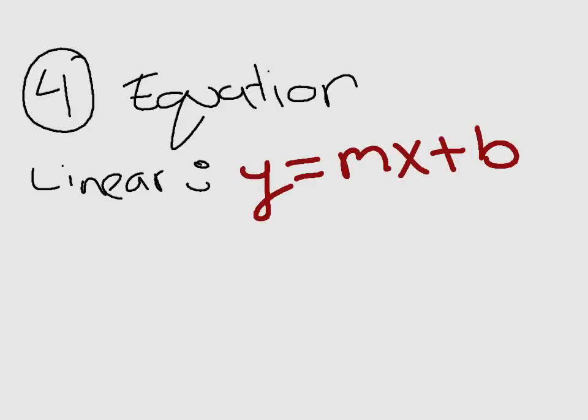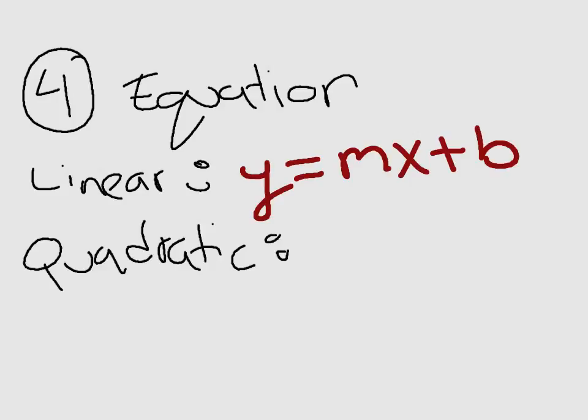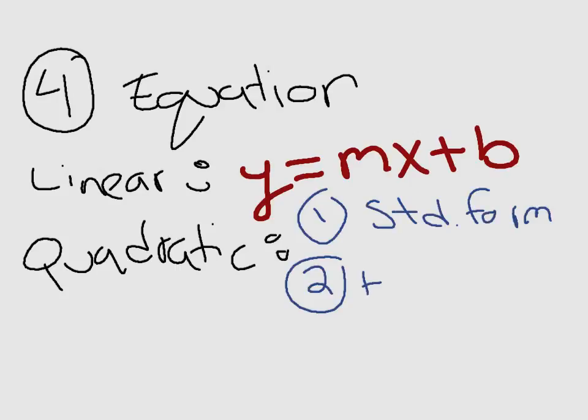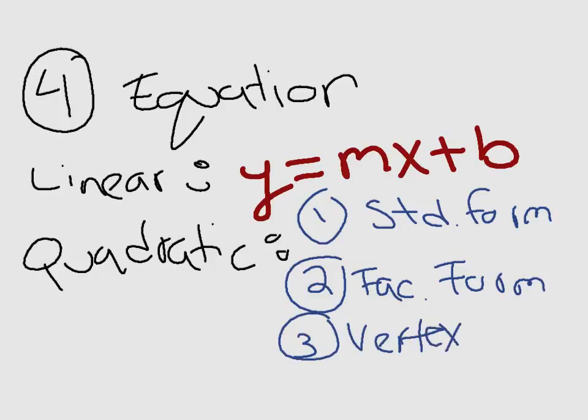For a quadratic, we actually have 3 different forms: the standard form, the factored form, and finally the vertex form. And all of these will be covered in a separate video, but you definitely need to know that their equations would be different for a linear and a quadratic.